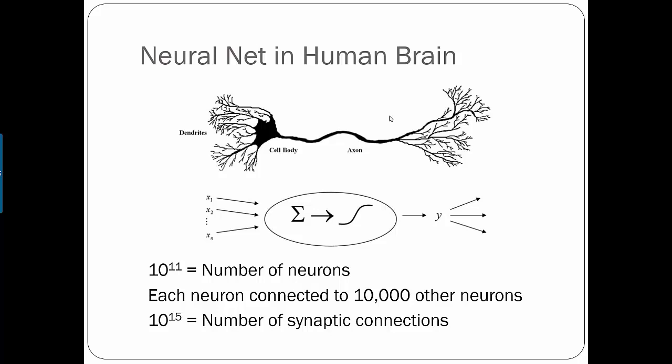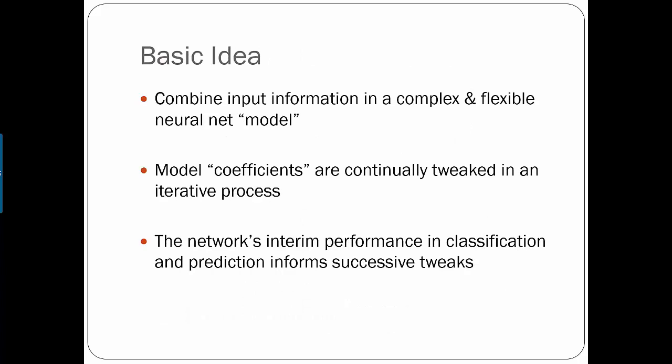processing of the human brain. The basic idea is to combine input from the data set. So that will be like the sensory observations that human beings make through their sensory organs.